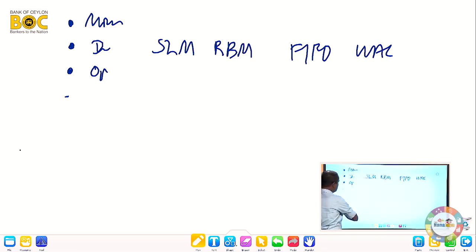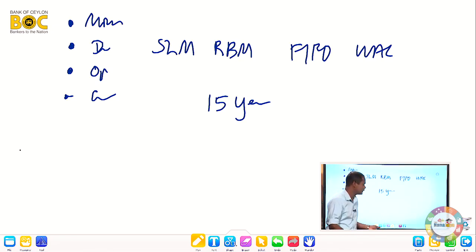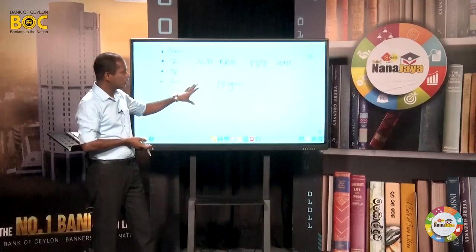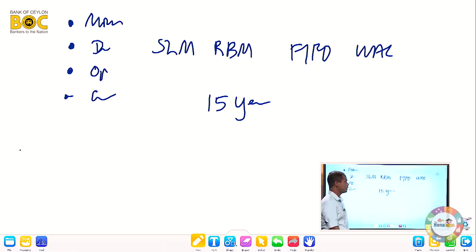And the next one, the company's history. The company's history is not shown by the financial statements. For example, your company has been doing business for 15 years. But your competitor who just entered the business, even though it has a good profit, you have a history, so you are stronger than your competitor with the highest profit percentage.